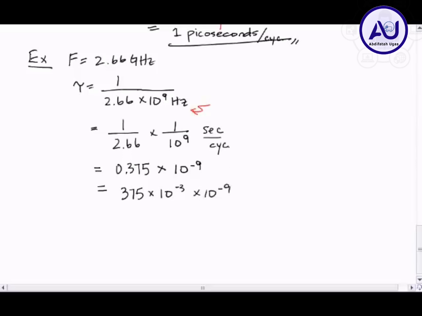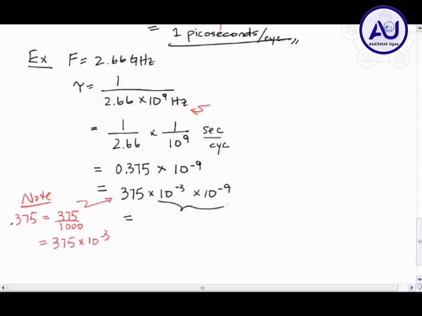So how did we do that? Well, note that 0.375 is the same as 375 over 1000, which is 375 times 10 to the minus 3. Okay.